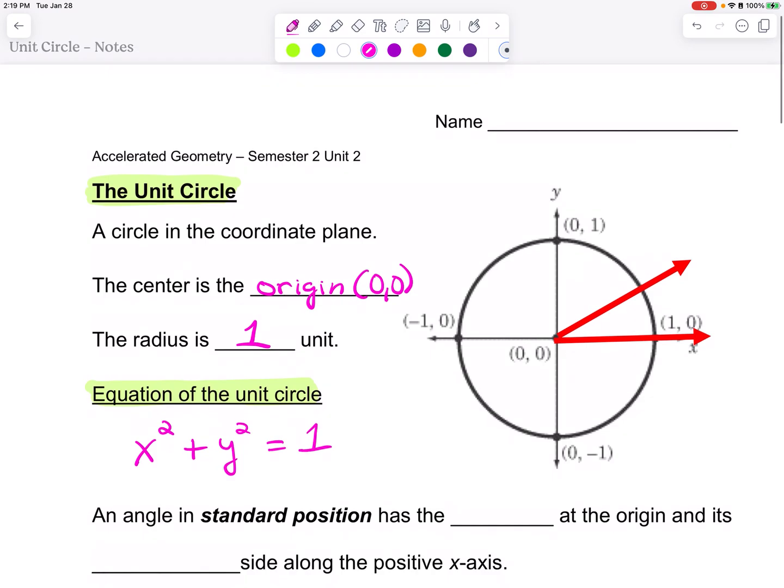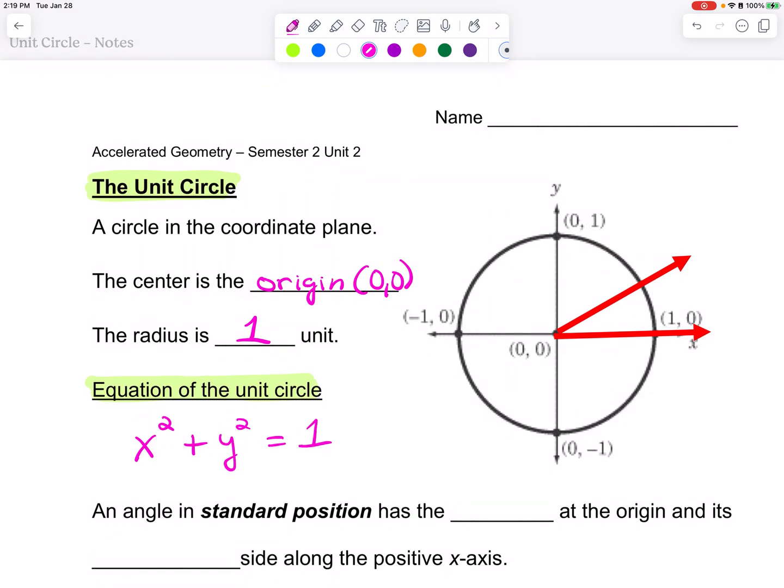Okay. Now, the angle in standard position. We've been talking about angles. In standard position has the vertex at the origin and its initial side along the positive x-axis.